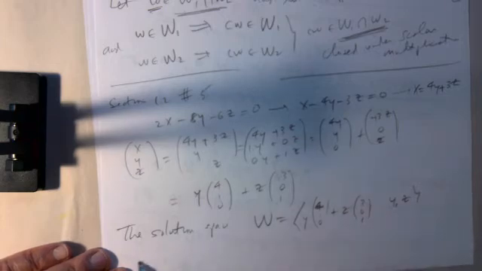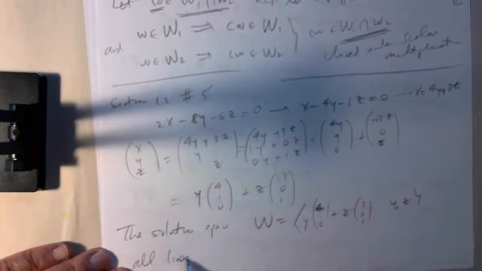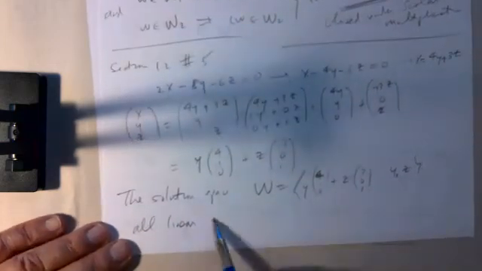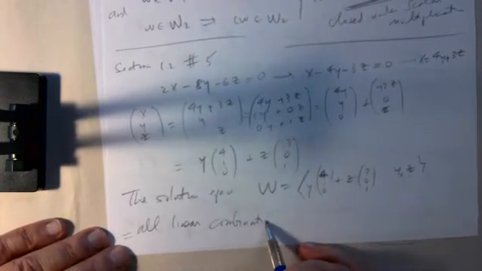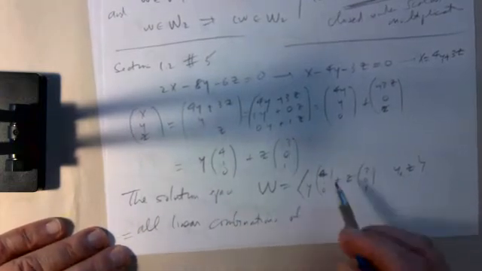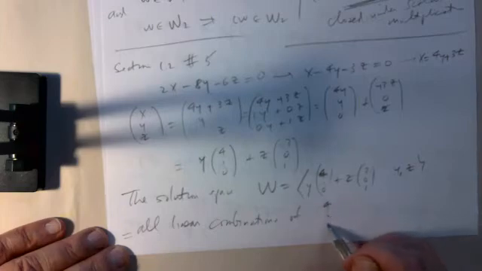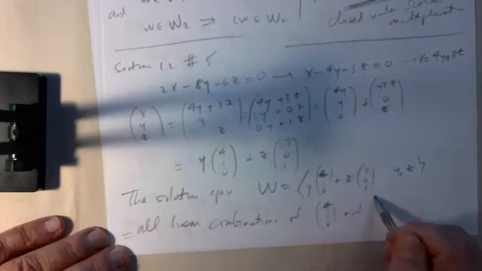That is, all linear combinations of the two vectors 4, 1, 0 and 3, 0, 1.